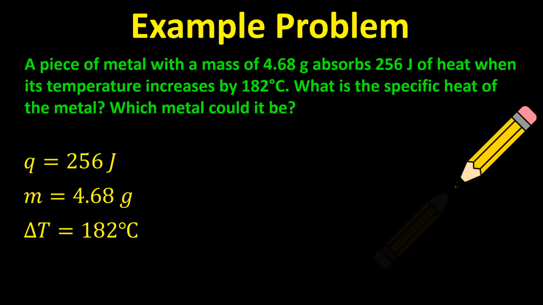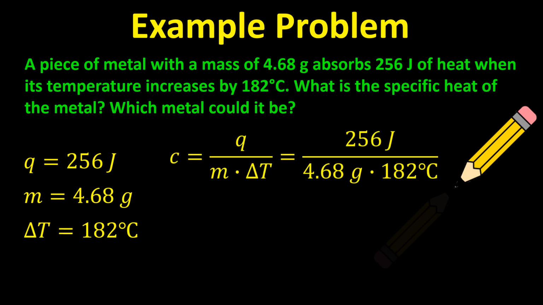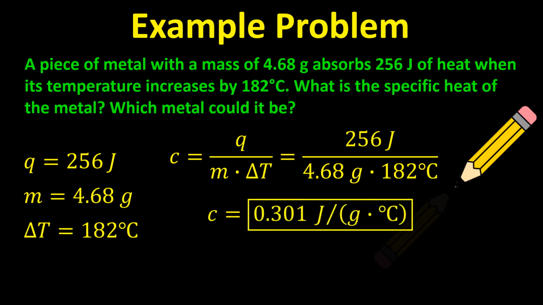Well, we can just use our equation, Q equals mc delta T, and solve this equation for C. So C equals Q divided by m times delta T. If we plug in these three values, we find that the C corresponds to 0.301 joules per gram degree Celsius.